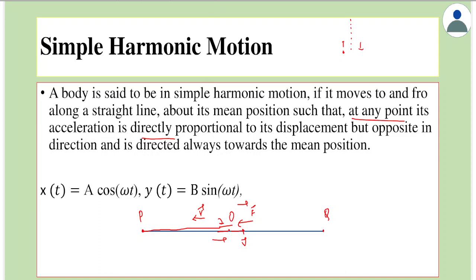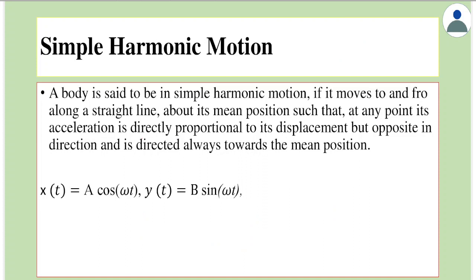Such kind of a motion is called a simple harmonic motion. Now there are many forms to write simple harmonic motion, but the most common form is the cosine form or sine form, and in this lecture we are dealing only with its displacement, which is about distance. So we can write x of t or y of t as any one function.